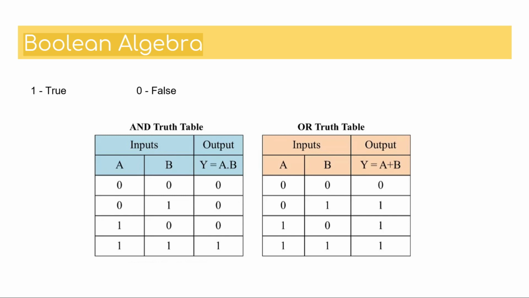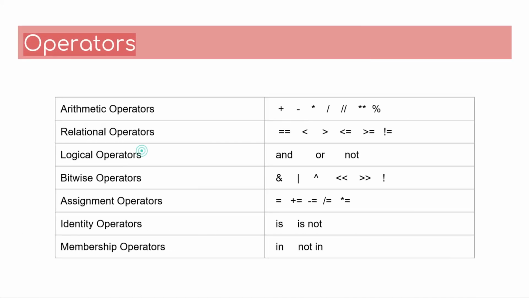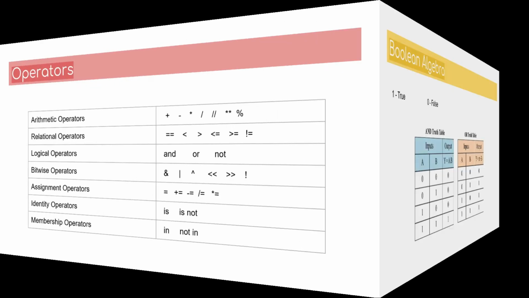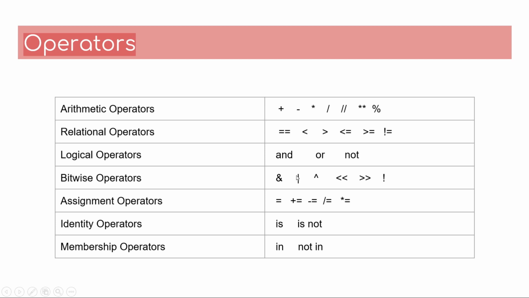Similarly 1 and 0 would be 1, 1 and 1 will be 1. So the bitwise operators are bitwise AND, bitwise OR, bitwise XOR, left shift, right shift and NOT.